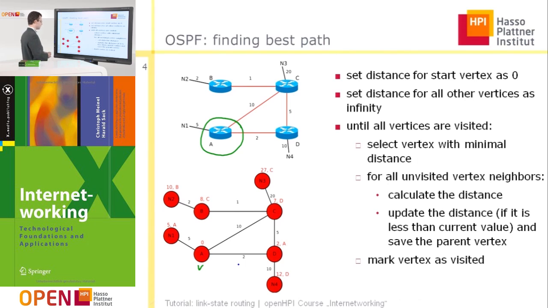So it checks the N2 node and finds out that it is reachable with a distance 10 through the router B. Then on the node B, B is reachable with a distance 8 through the vertex C. C is reachable with a distance 7 through the vertex D. And finally D is reachable with a distance 2 through A, which is our router itself.